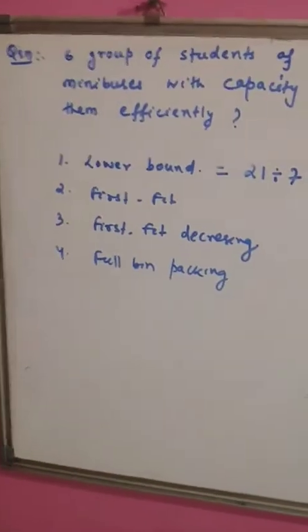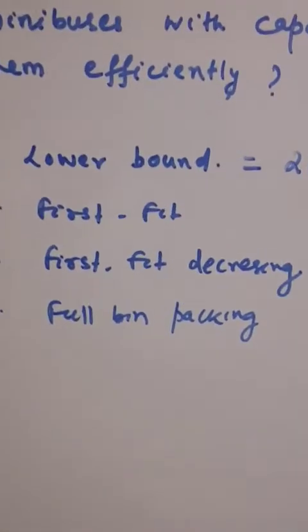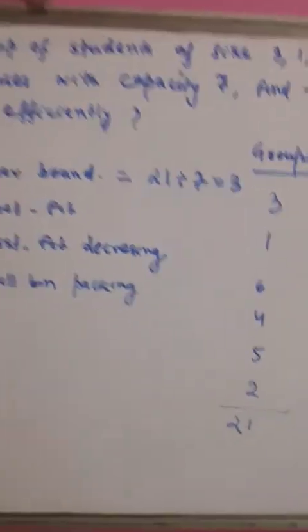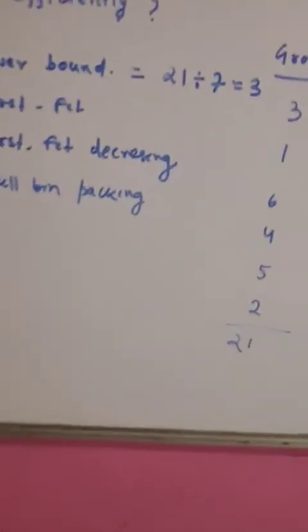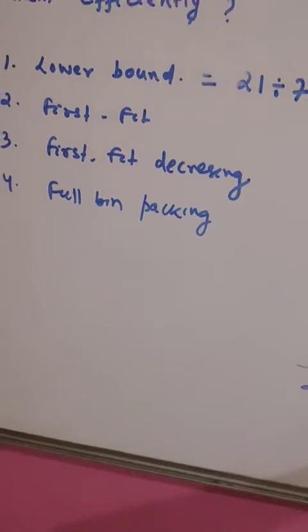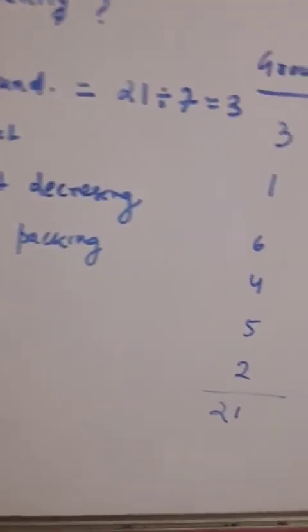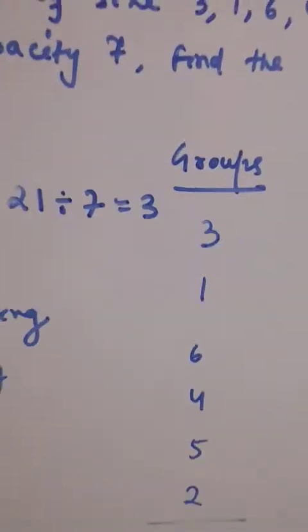Now the second one is the first fit approach. The first fit algorithm is very simple: it takes each group size and puts it into the first bus with room. Suppose the first group is 3.